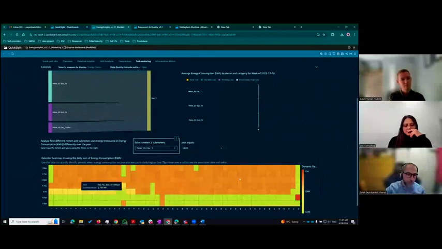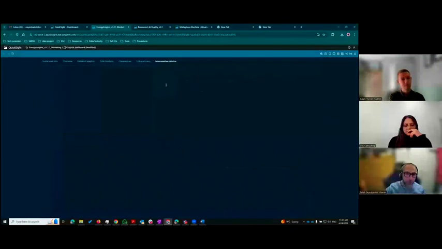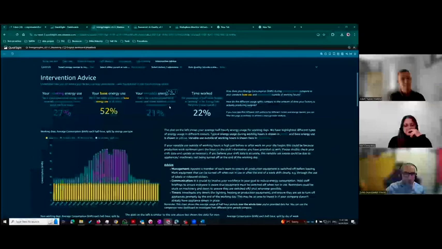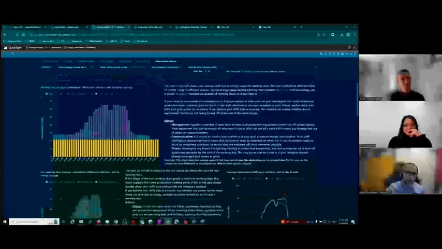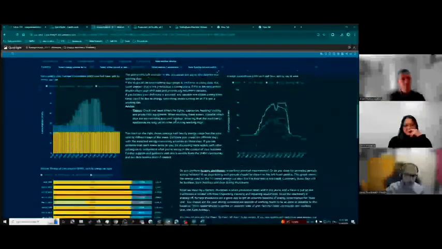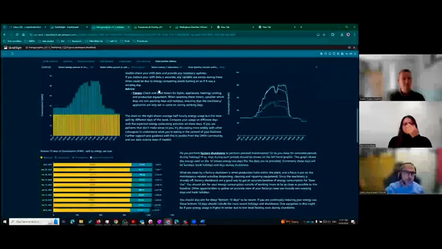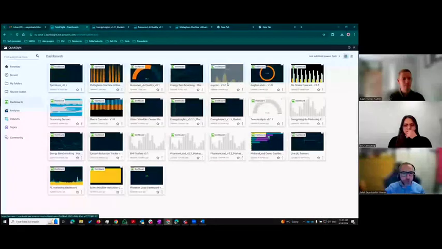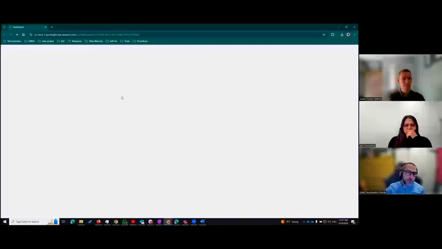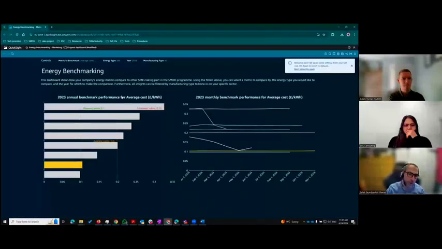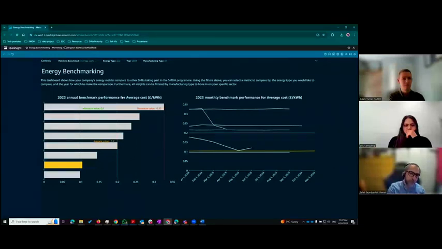Finally, we have some advice that you can apply for reducing energy costs. This is going a bit more granular. We are also working on energy benchmarking, which shows how a company is performing or consuming energy among its peers in a sector.